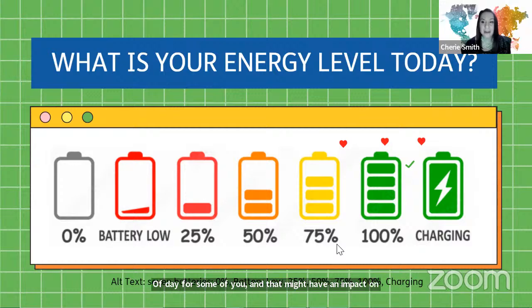For those of you that do have the annotate option on your toolbar, there should be a little pencil icon. So we're inviting you to click on that and find your stamp. I chose a heart stamp. And if you're able to do it, just stamp your energy level on the screen. If you're not, go ahead and continue to put it in the chat and share where you're from.